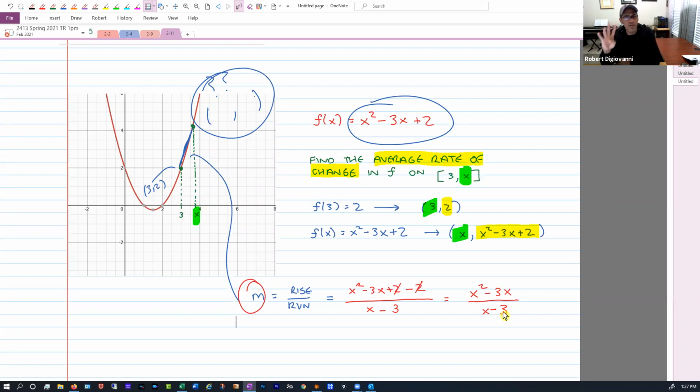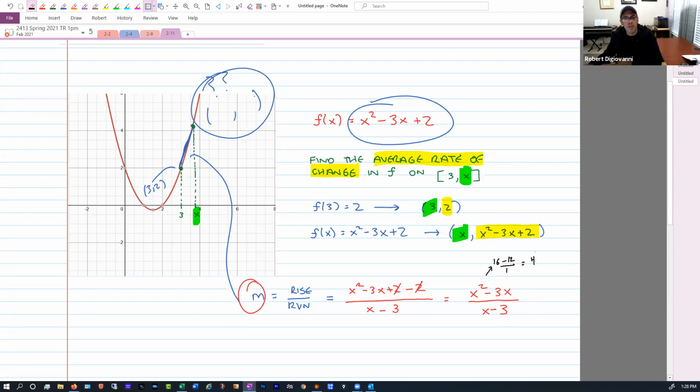So let's try. Didn't we use 4 earlier for the right endpoint? What happens if we plug 4 in here? 4 squared is 16, 16 minus 3 times 4 is 12, so 4 and that would be divided by 4 minus 3, which is 1. So we get 4, wouldn't we?